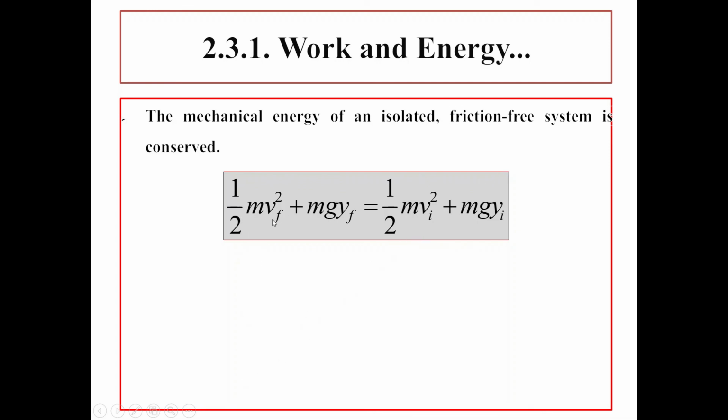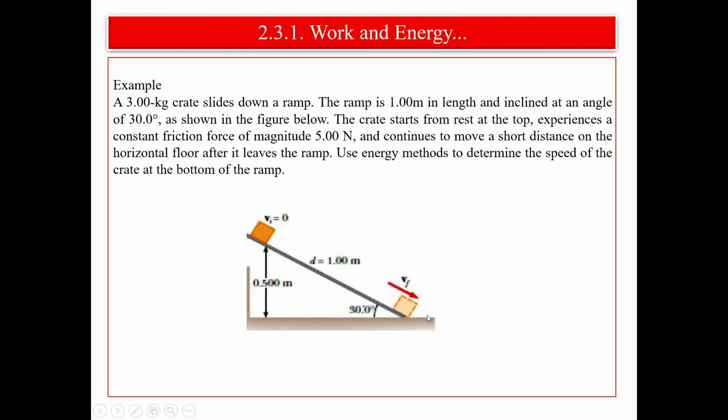So half m v final square plus m g y final is equal to half m v initial square plus m g y initial. So these two values are the same. When you release a ball or block down an incline, when the inclined plane is frictionless, in that case we can use this formula to get the unknown values.